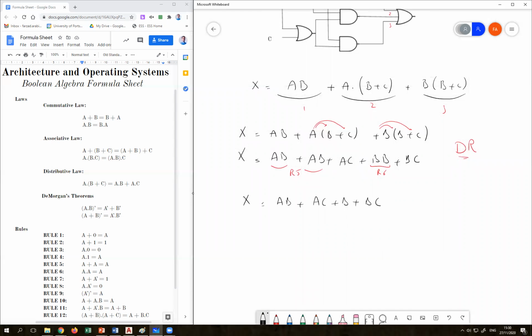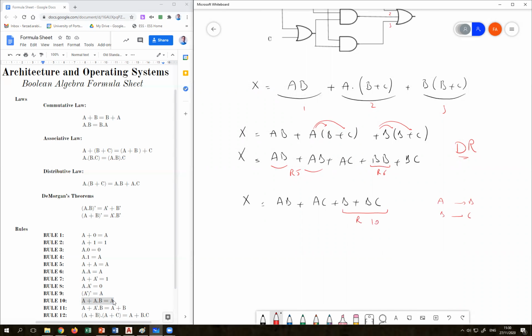What I see here, guys, is that I can take a common factor of B. This is one way to do it. But if you look at rule number 10, which is a very important rule, A plus AB is equal to A. This is exactly similar to that, but change A to B and B to C, and you will see that we get the same thing.